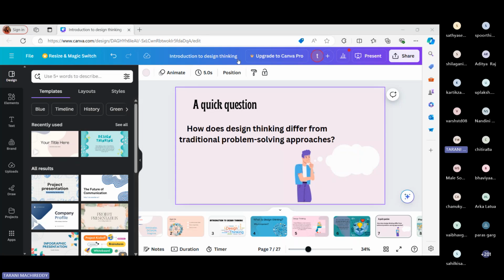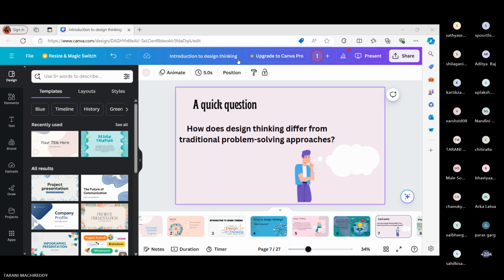So, to give a brief clarity on it, design thinking is mostly human centric. It focuses on the needs of the users, whereas traditional thinking mostly focuses on the needs of the business.